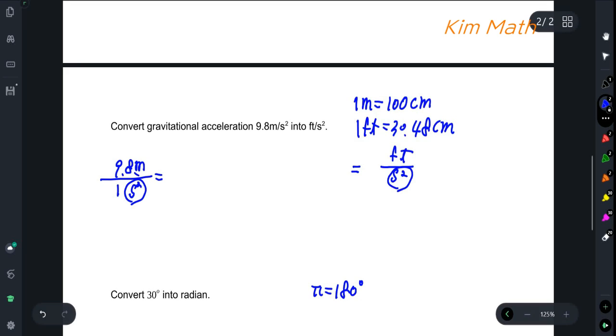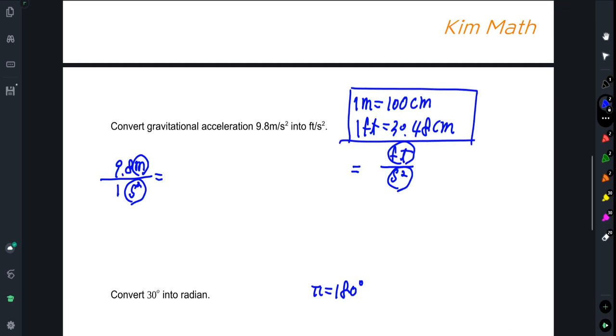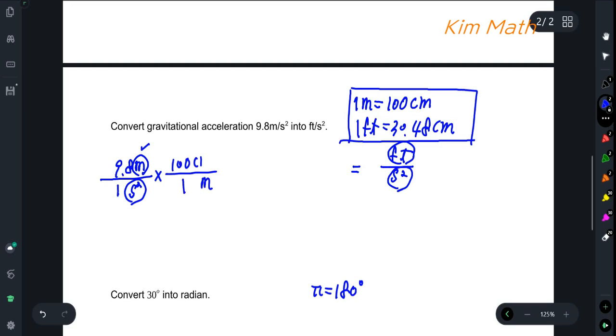Just changing meter into feet. I will multiply a unit fraction, which is 1, but I don't need meters here, so please place the meter here. So 1 meter equals 100 centimeters, right? So we can cancel out meter.